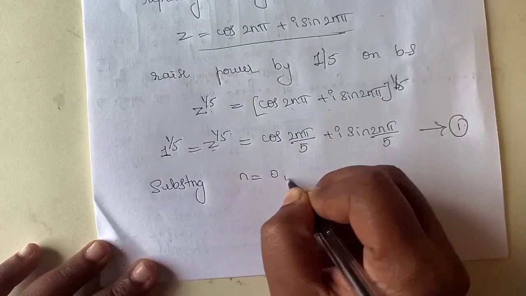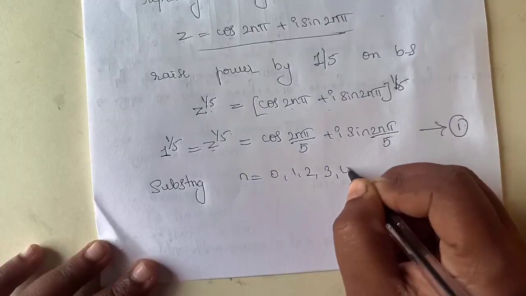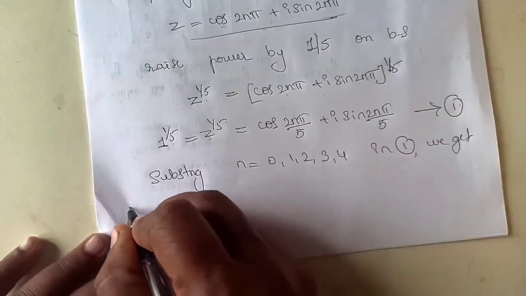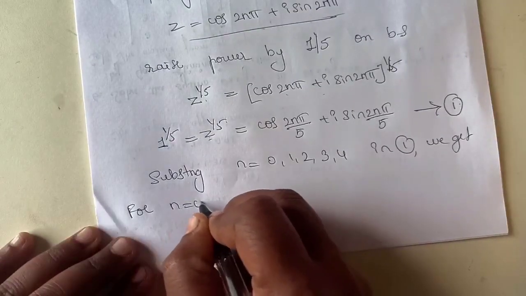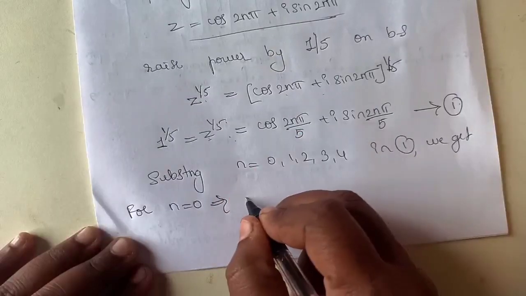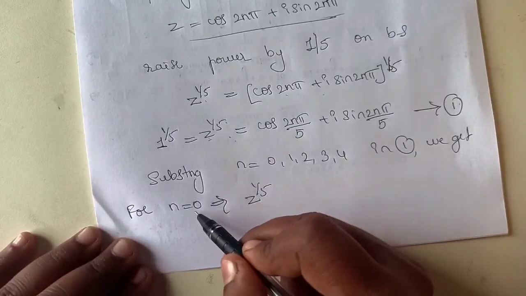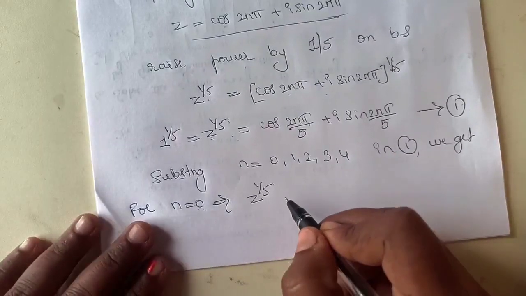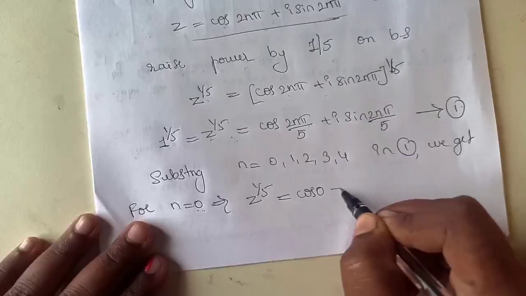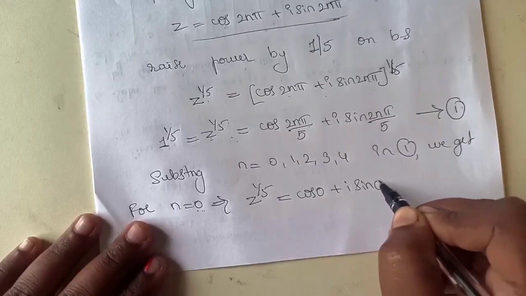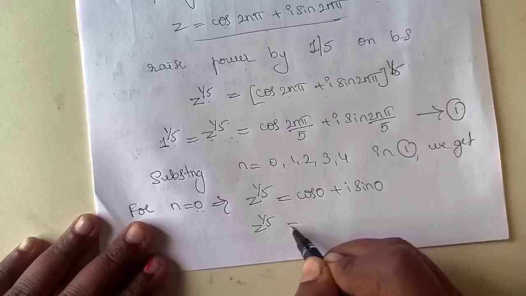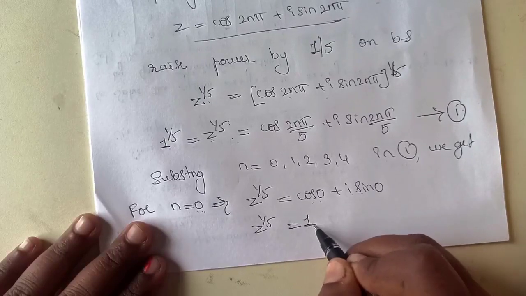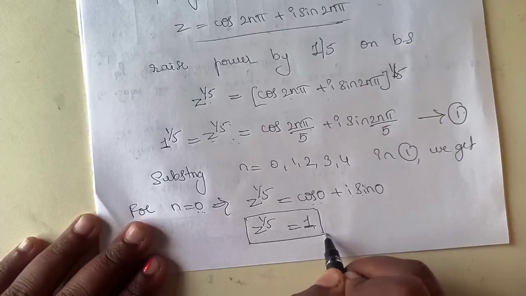For n equals 0, equation 1 becomes z power 1 by 5 equals cos 0 plus i sin 0. Cos 0 equals 1 and sin 0 equals 0. Therefore we get 1. So this is the first root.